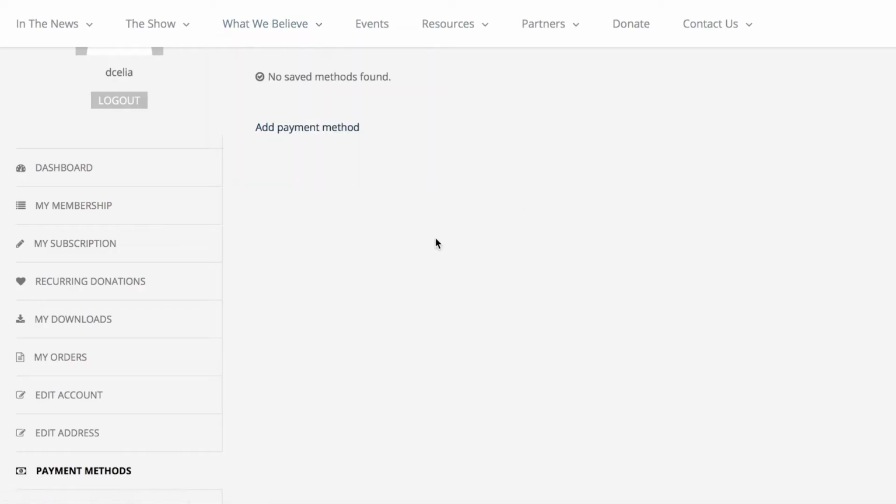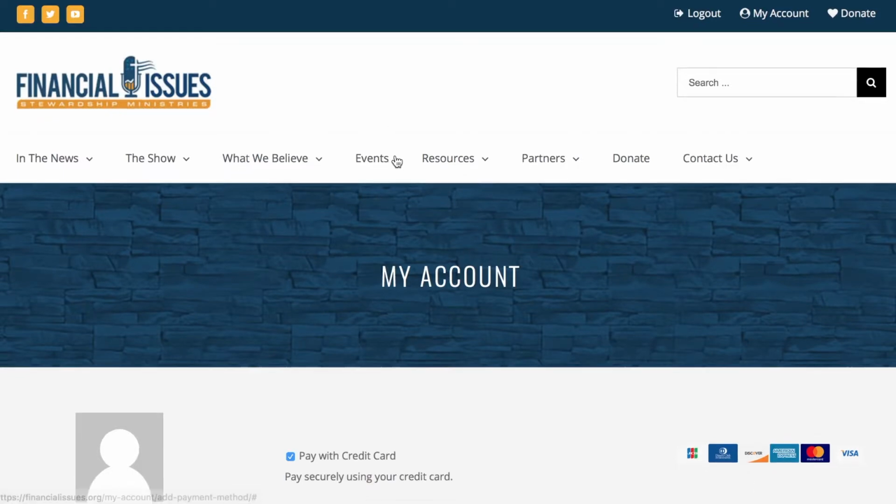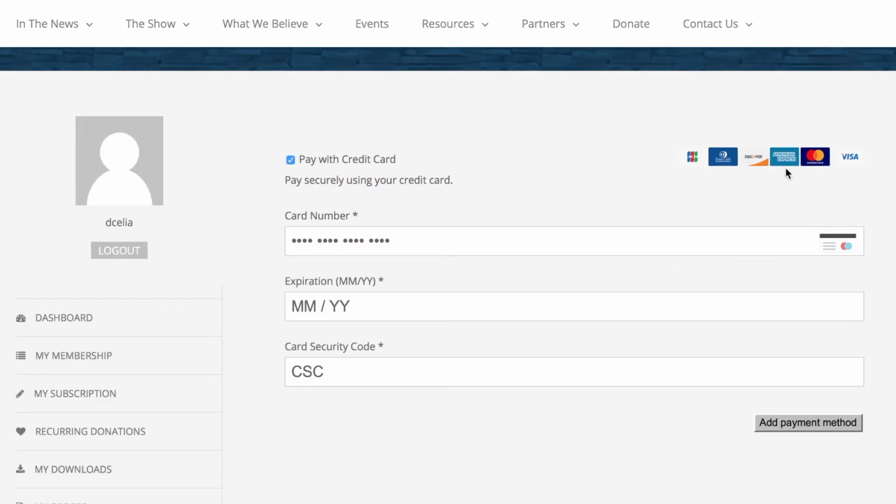So you're going to go down to Payment Methods, and you are going to put in some information there. Again, you're going to go here to add a payment method. You're going to click on that, and you're going to get another screen that's going to talk about the payment method. It's very important that you add back in.